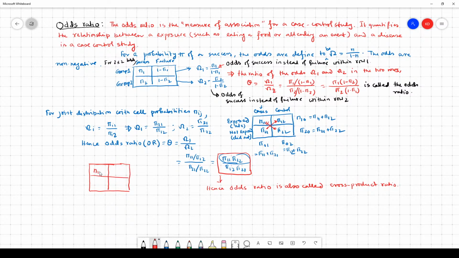So n11 for cases and exposed group, and this is not exposed, control.